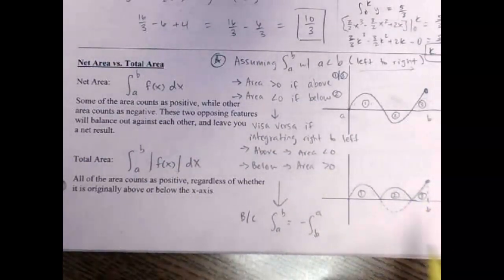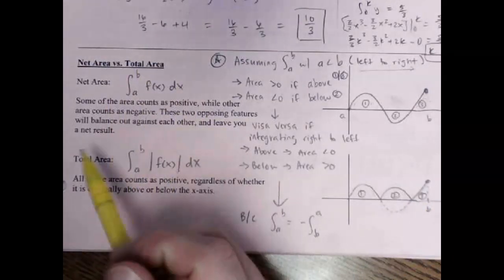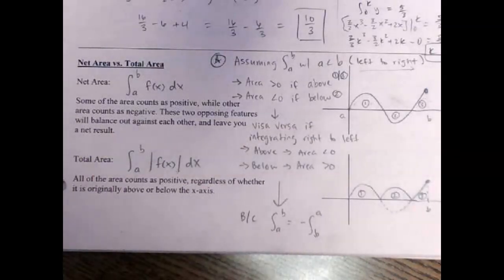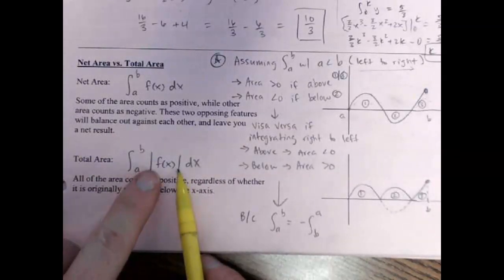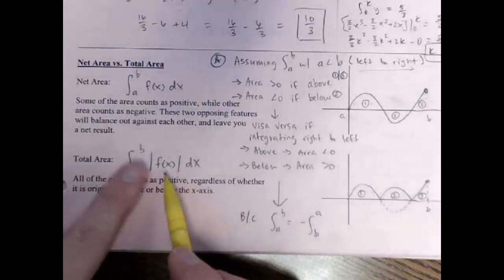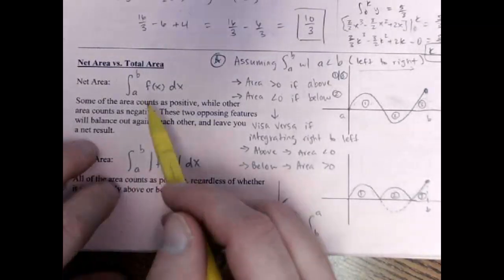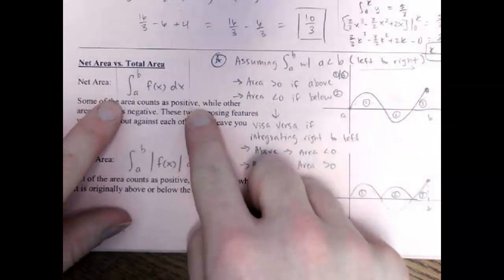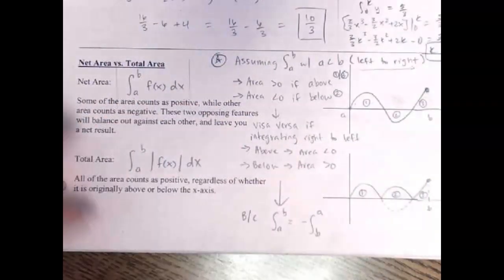So net area is a regular integration. Some of it could be positive, some of it could be negative, and then they cancel out against each other. If you want total area, you would need to take the absolute value and then integrate. Notice, you need to do the absolute value first, then you can integrate. If you do the integration and then the absolute value, what you're doing is finding the size of the net area.